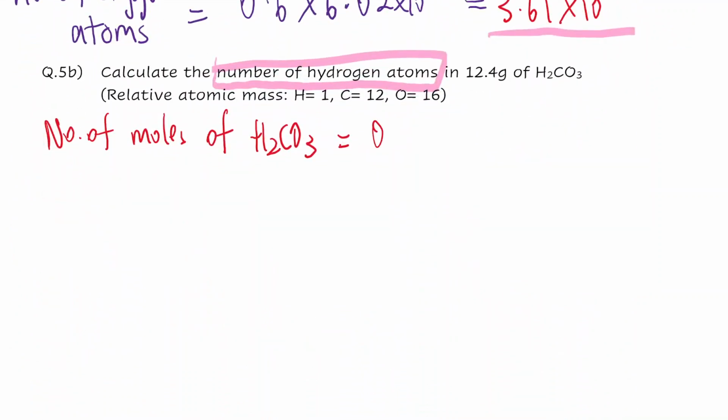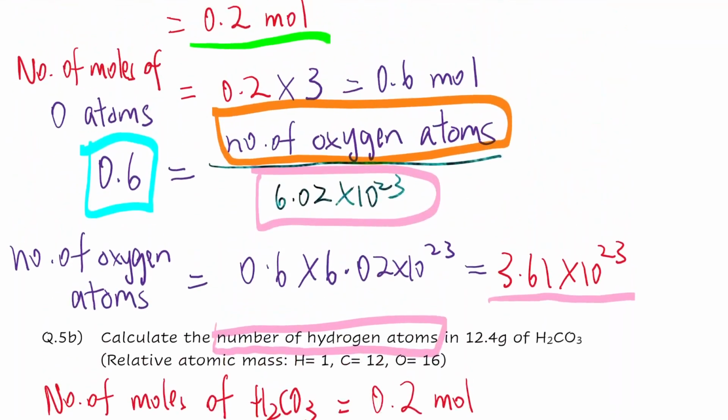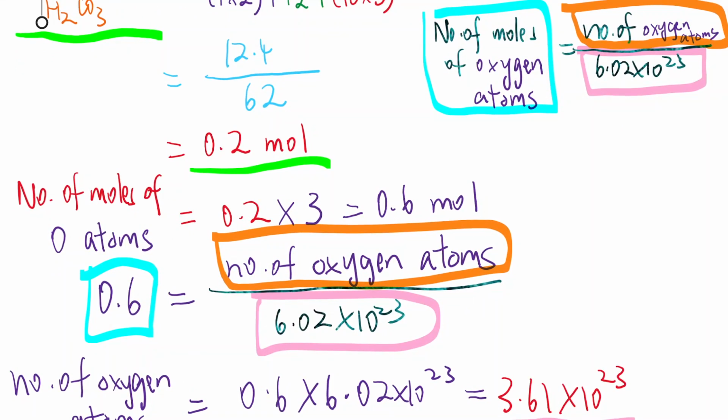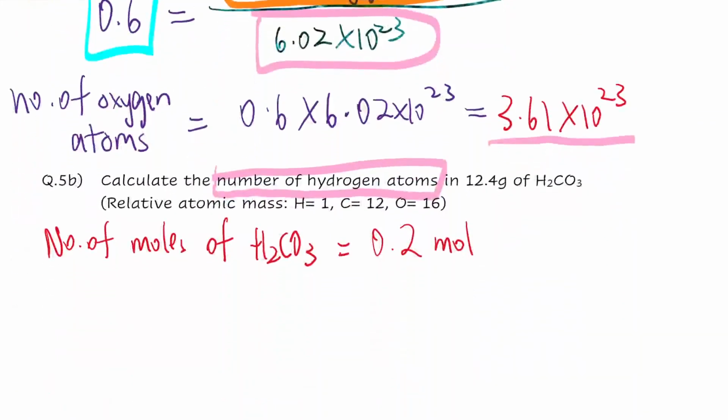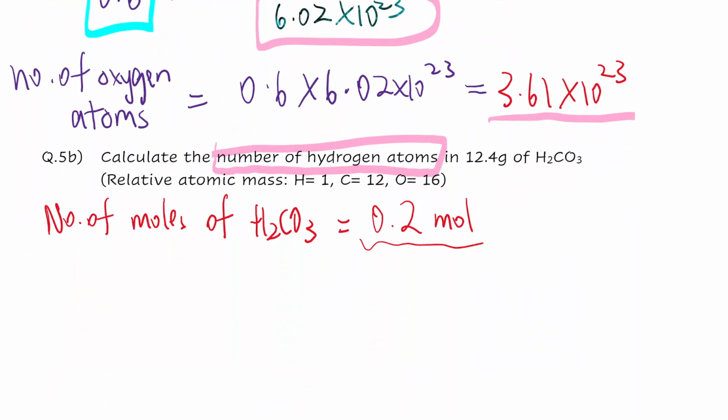It was 0.2 moles. And then again, this time, remember for the equation, we are now supposed to find, instead of oxygen atoms, the number of moles of hydrogen atoms. So remember, this is the number of moles of hydrogen atoms. The particle we're talking about now is hydrogen atom. So I cannot use this number of moles directly.